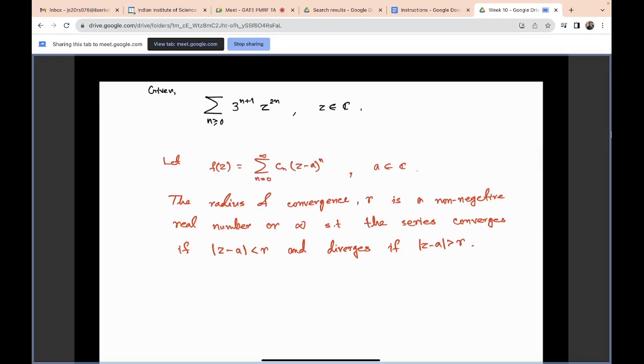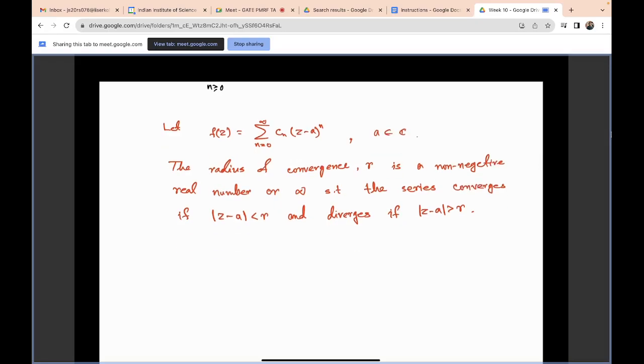Inside the radius of convergence the series will converge, and this R we can compute in terms of some nice formula. So from here we can easily compute the radius of convergence of a power series.